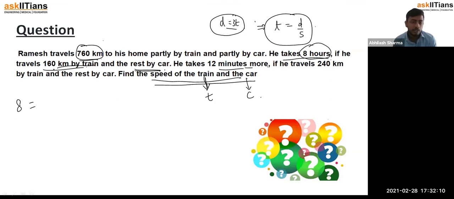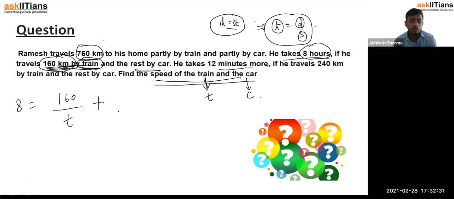He is spending 8 hours. Out of 8 hours, sometime he is traveling by train. So for how much time did he travel in the train? He traveled for a time, distance upon speed. What is the speed of train? It is t. What is the distance he traveled using train? 160 kilometers.